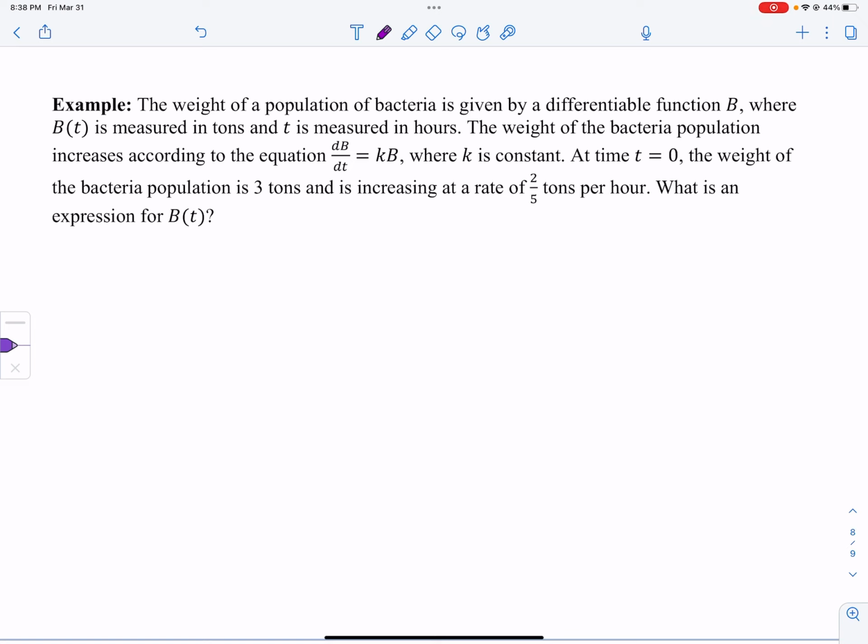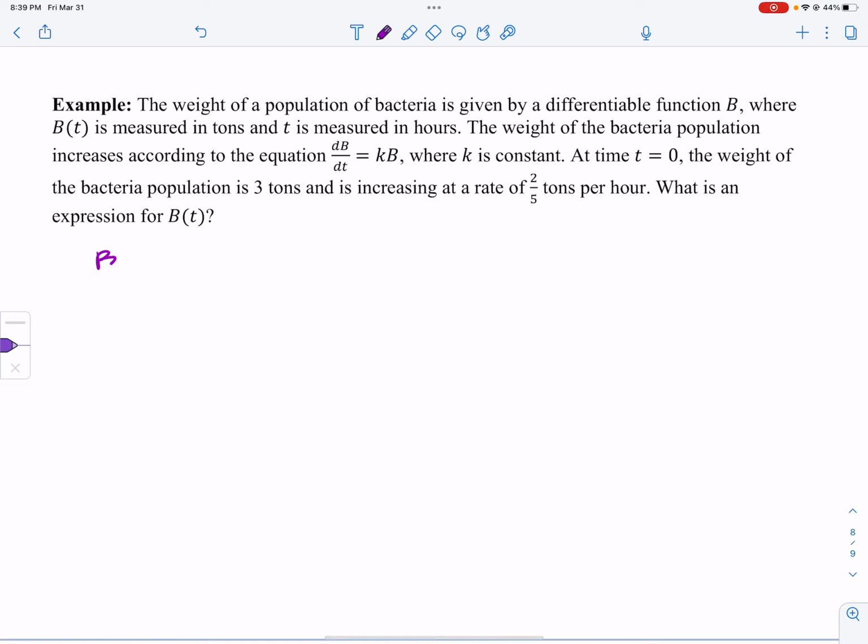The weight of the bacteria population increases according to the equation dB over dt equals K times B, where K is a constant. At T equals 0, the weight of the bacteria population is 3 tons and is increasing at a rate of 2/5 tons per hour. What is an expression for B of T?